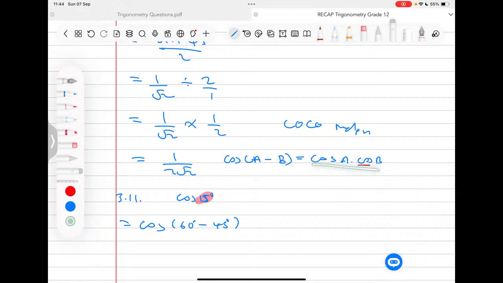Because already here we started with cos A and cos B, it means this side we must have a sine of A and a sine of B. I don't have space there, but you can see that, right? And when you're dealing with a cos, when this is a negative here, it means this will change to a positive.